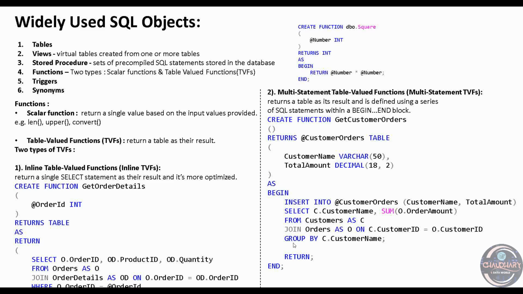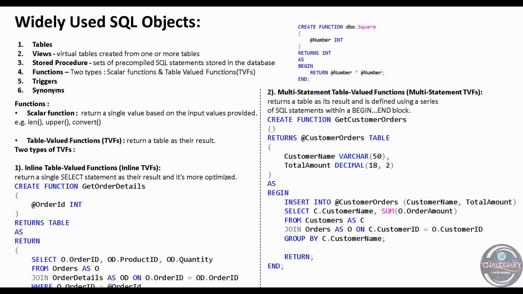That means that whole chunk of code will be returned, and that return will come inside this customer order table. So hope you got the comparison and how both of the things are working.